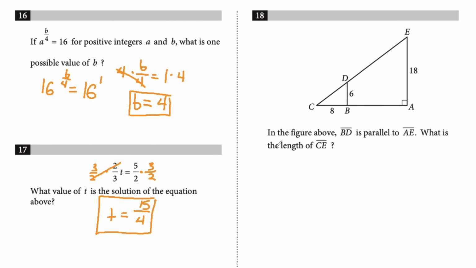Number 18. In the figure above, line BD is parallel to line AE. What is the length of CE? So in order to find the length of CE, we're going to use proportions.